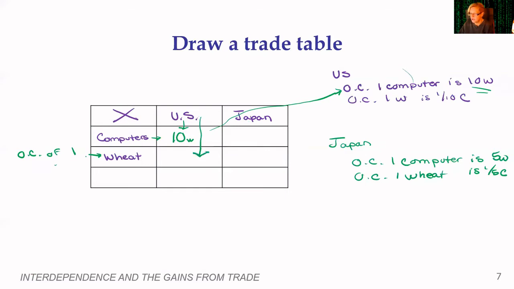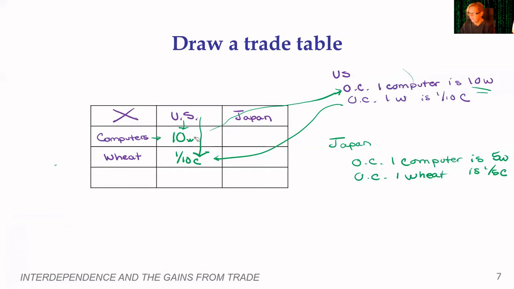So every time I produce 1 wheat in the US, what do I give up? And I'm just going to use that information and put it right here. And that is 1/10 of a computer.